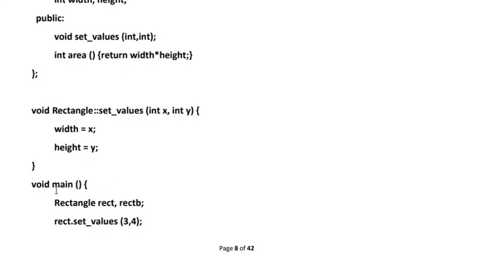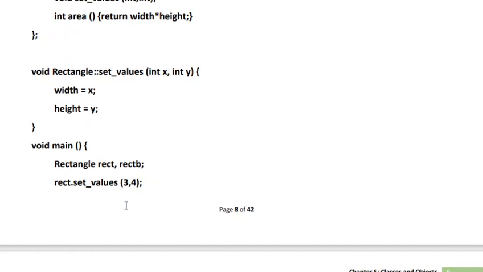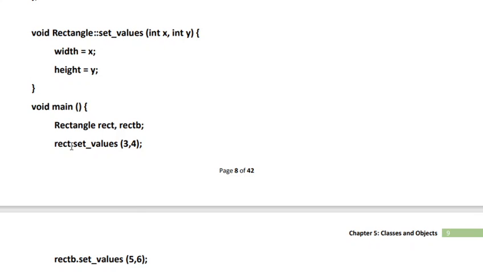Now I have my main function, void main. We have one object as rect and another object as rectb, right? Now rect.setvalue: whenever I use the object rect with set value, it will refer to the set value function belonging to object rect.